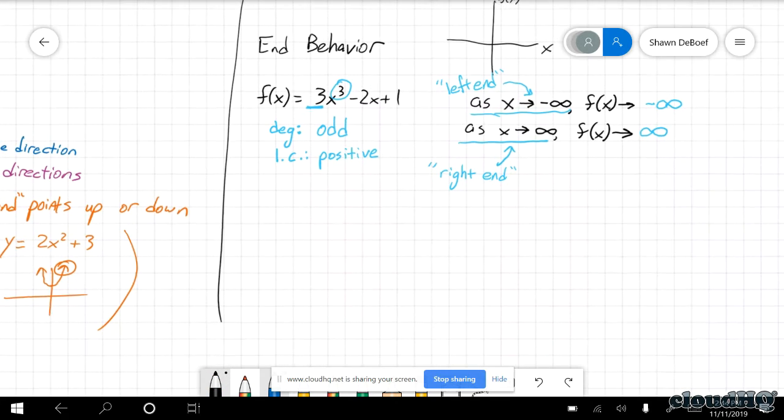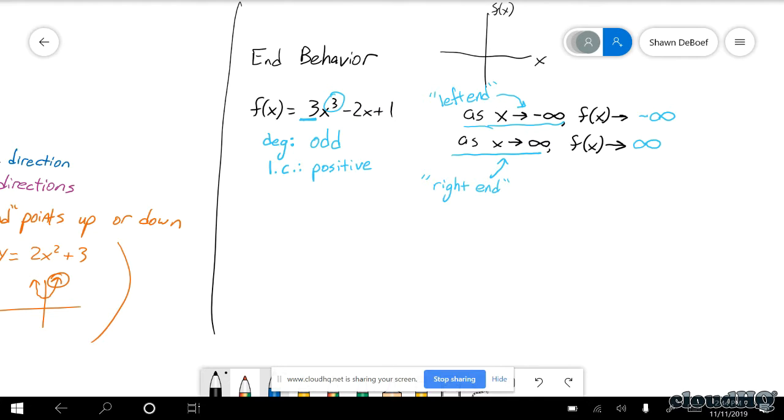Let's do another one where instead of giving you an equation, I give you a graph. This is probably a little bit easier, at least initially. So as x approaches negative infinity, we'll think about what f of x does.